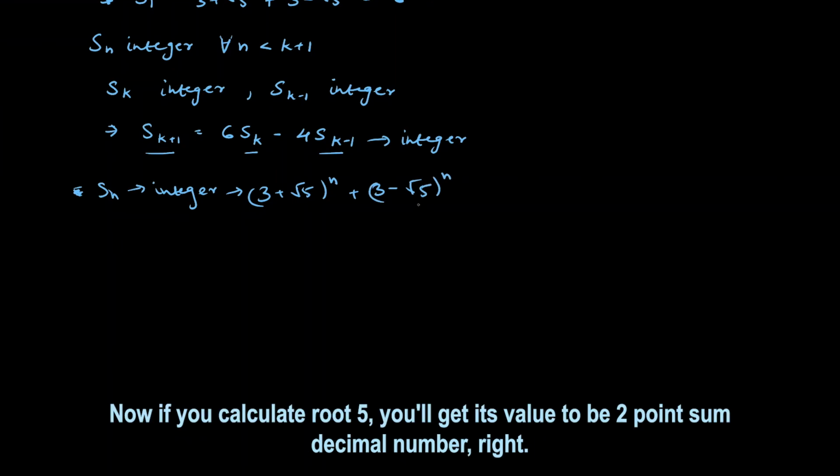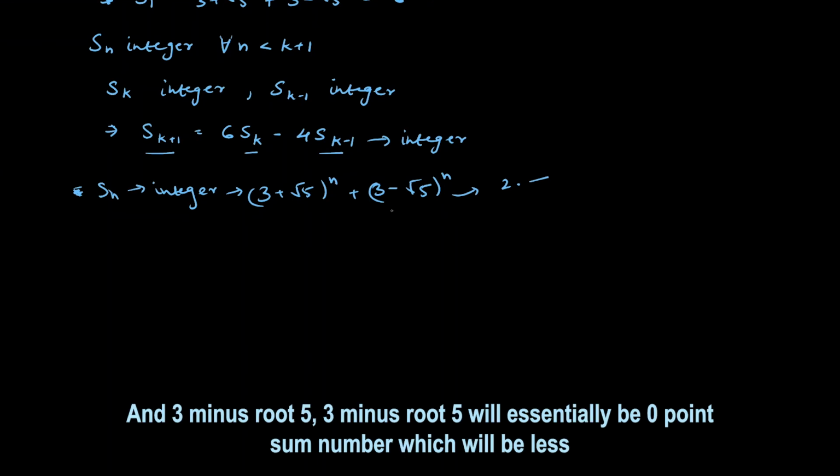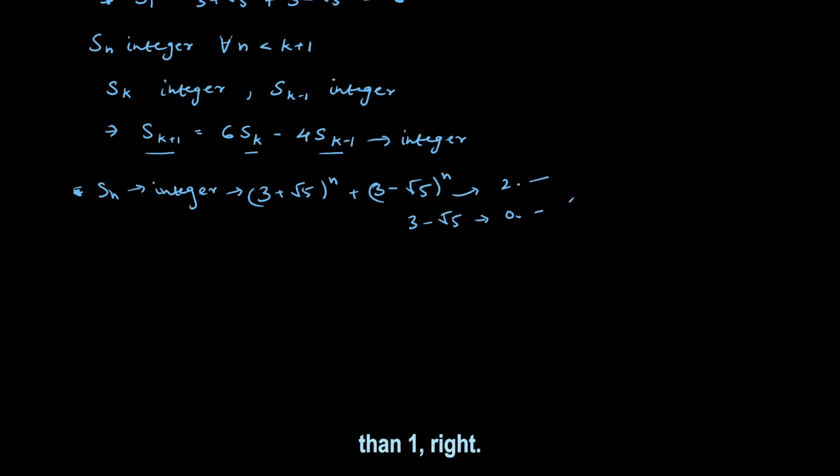Now, if you calculate root 5, you'll get its value to be 2.0 some decimal number, right? And 3 minus root 5 will essentially be 0 point some number, which will be less than 1, right?